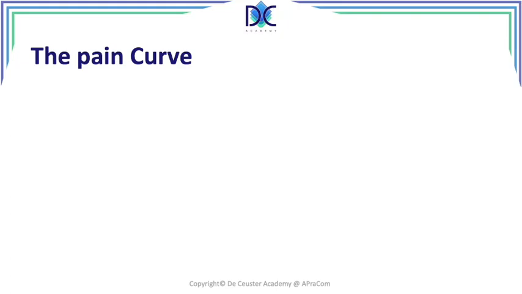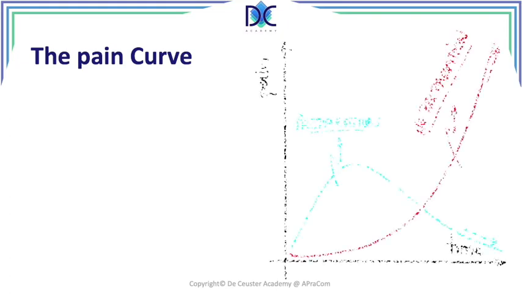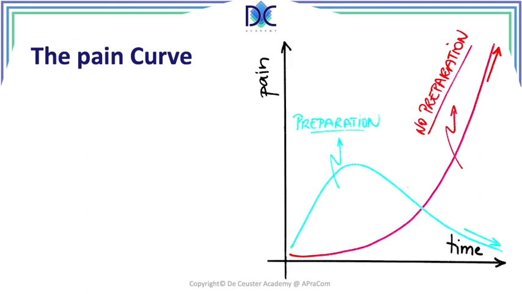Another thing to look at when we are considering projects is the pain curve. And the pain curve depends on preparation. What we see in the curve here is that when we don't have preparation, we see the red curve going higher and higher, more and more problems, more issues over time.